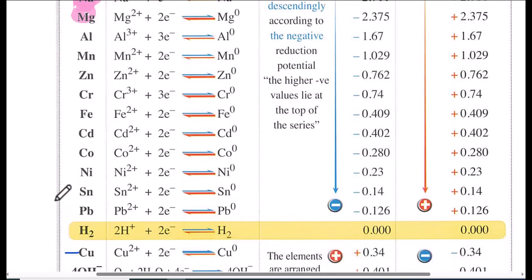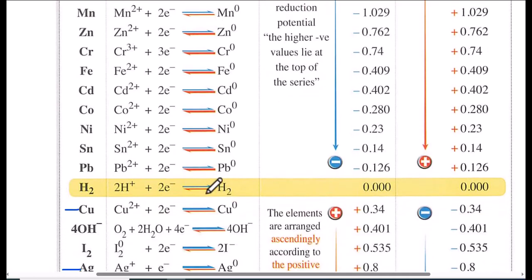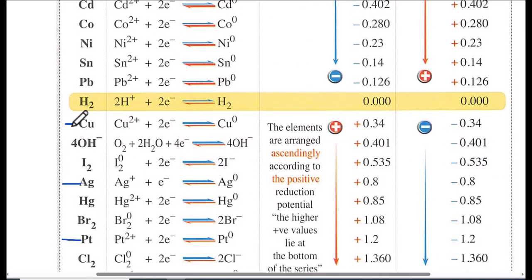We have to notice that hydrogen is a standard. Its oxidation and reduction potential equals 0. So below hydrogen there are elements characterized by high reduction potential.